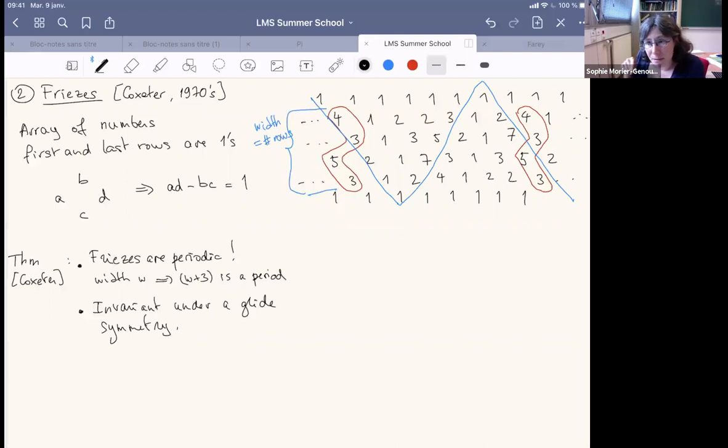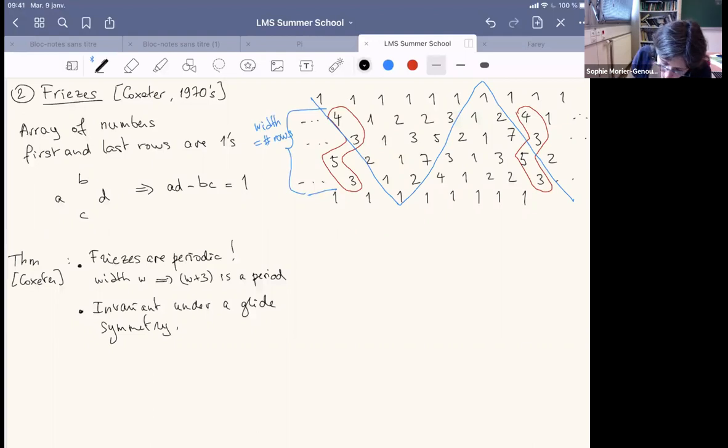These Coxeter frieze are connected to very fundamental mathematics in geometry, in number theory, and also in modern mathematics. There is a recent theory of cluster algebras. I would say also a few words about them, and frieze are connected to this theory. So more to come tomorrow.